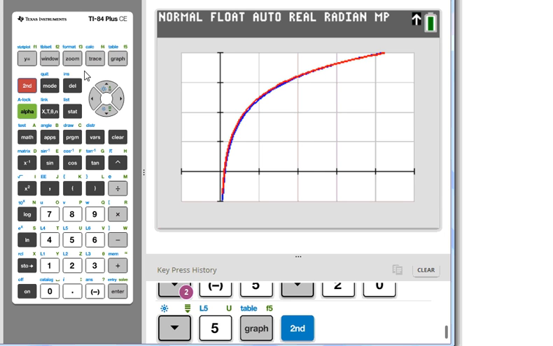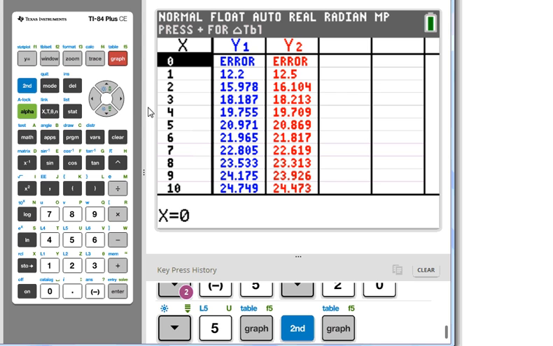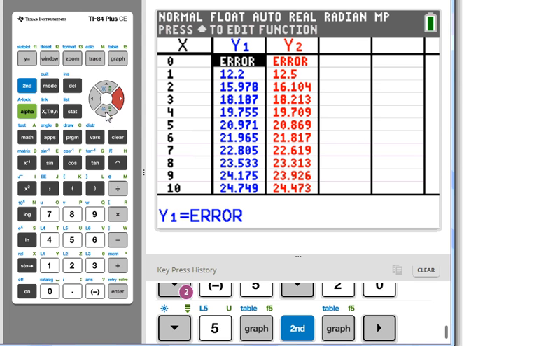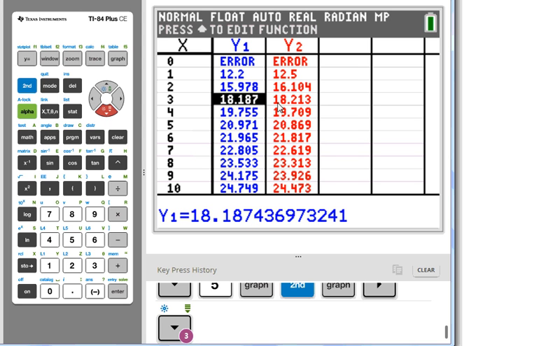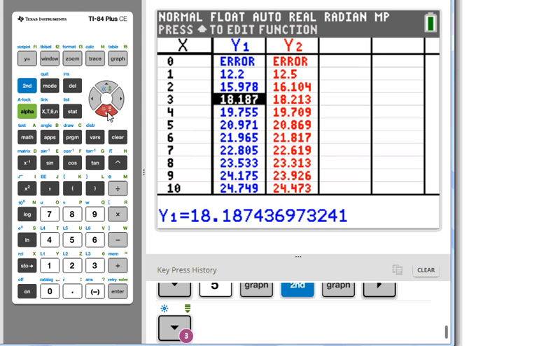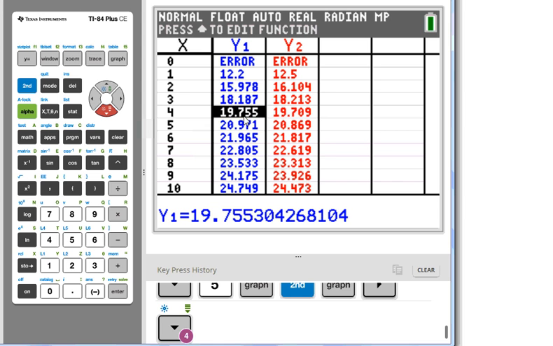If you go to table view, you'll notice as we increase from 1, y1 is smaller than y2, and y1 continues to be smaller than y2 up till 4. Now, when we get to 4, we see that y1 is larger than y2.